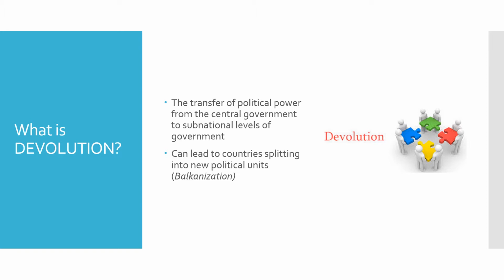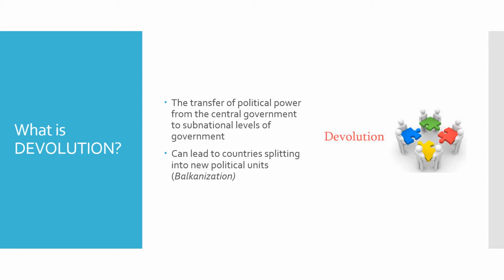So, for an example, our national government is the only government in our country that can declare war. But let's say that power devolves to the states. So now that the states can declare war on each other, this is a process of devolution in which the power is shifting from the national to the state or to the local.